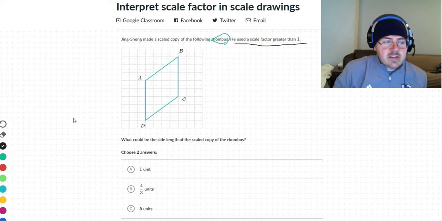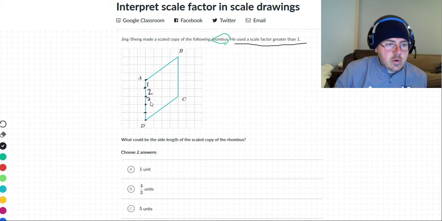So if I count one of the sides, I'm really counting all of the sides. So 1, 2, 3, 4, 5. Every side length is 5. That's the definition of a rhombus.